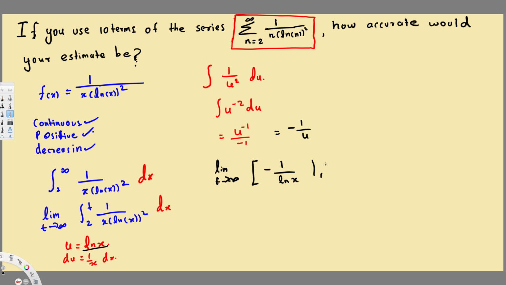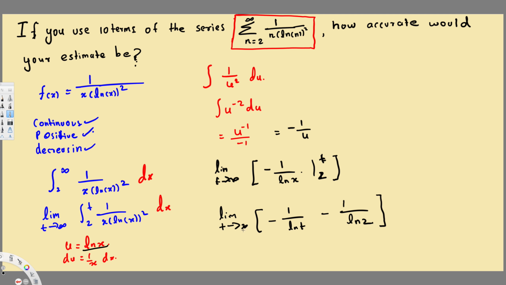Our limits were 2 to t, so let's plug in the values. We get the limit as t approaches infinity of minus 1 over ln t minus, minus 1 over ln 2. Then all we have to do is do the limits.